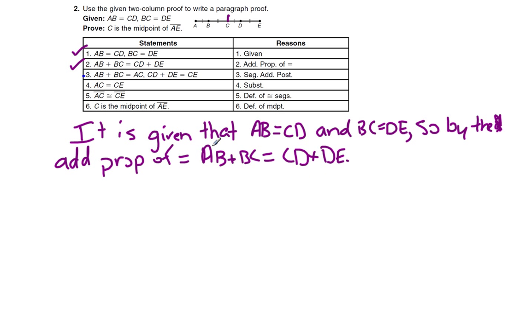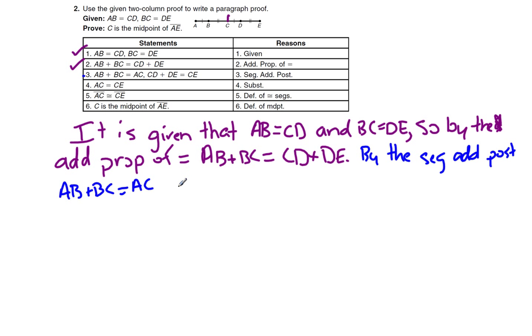So we can also say by the segment addition postulate, AB plus BC is AC, and CD plus DE equals CE.